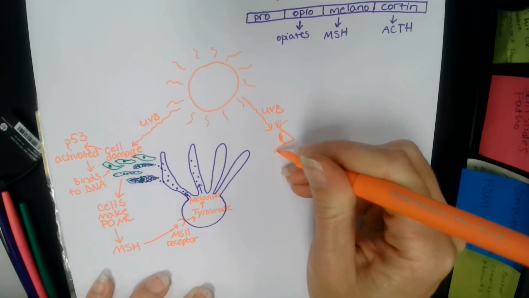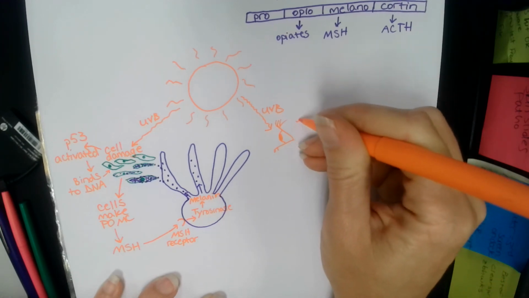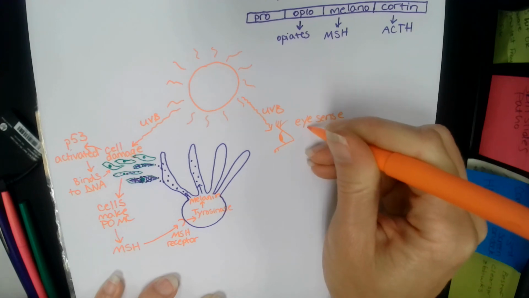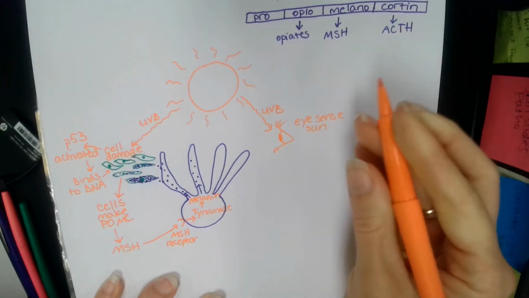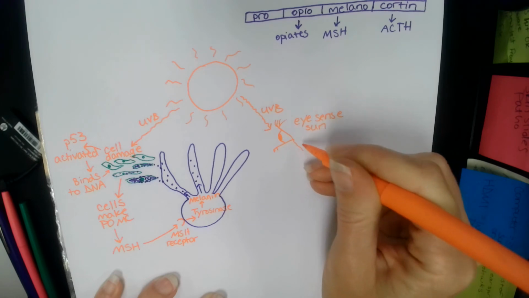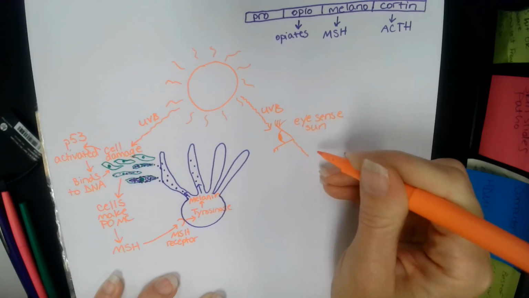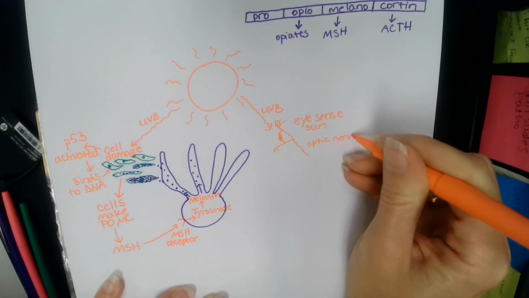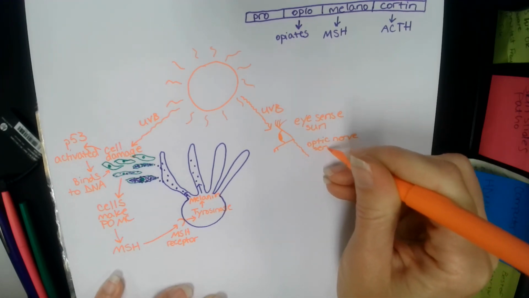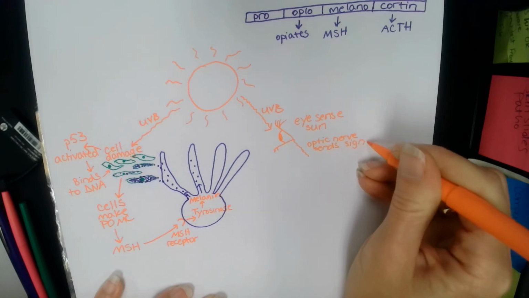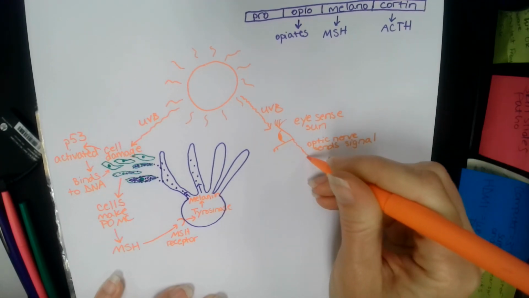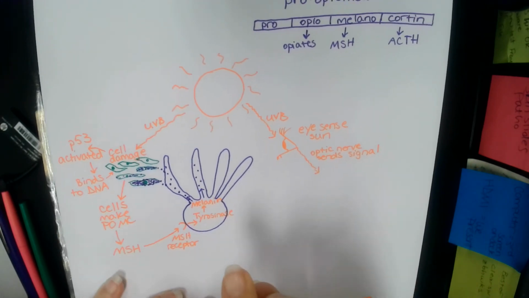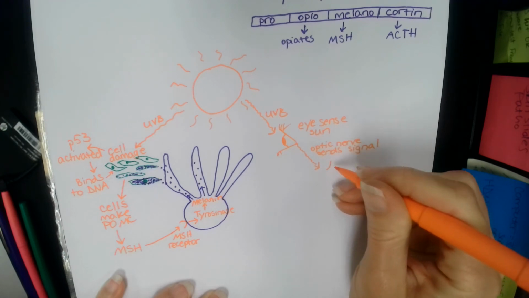The sun is very bright, and our eyes sense the sun. And there's a nerve coming off the back of your eye called the optic nerve. And so the optic nerve sends a signal to the pituitary gland, which is in your brain. It's a gland in the brain, and it makes many hormones.